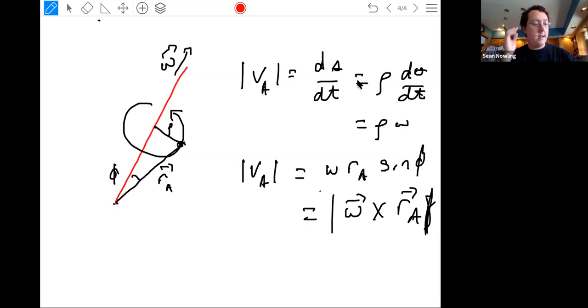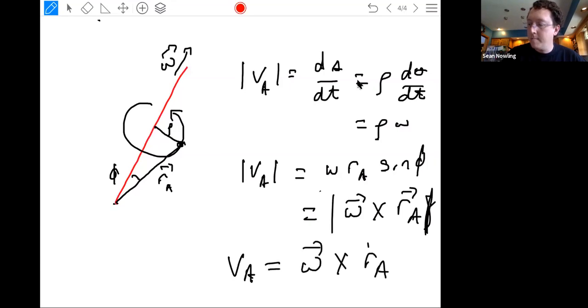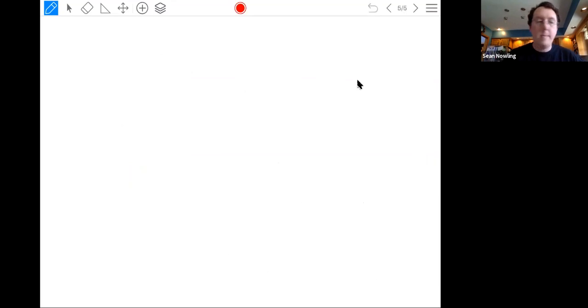So to do that, we're going to have to work just a little bit harder. Actually, I'm just going to do it the same way I did it before. By looking at the way my hands go, omega cross rho would point in the right direction. So it in fact has to be VA equals omega cross RA. Okay, so there's that one.